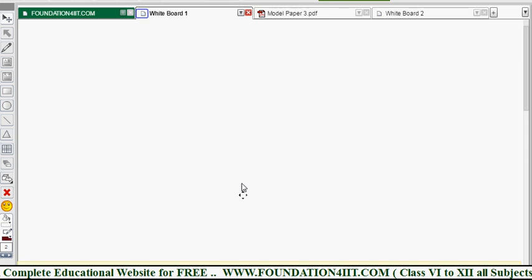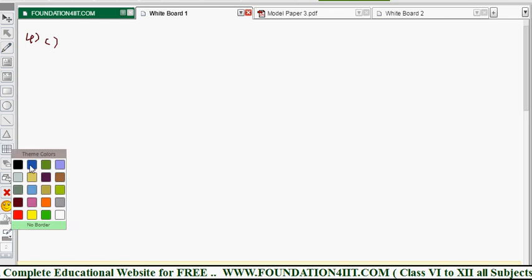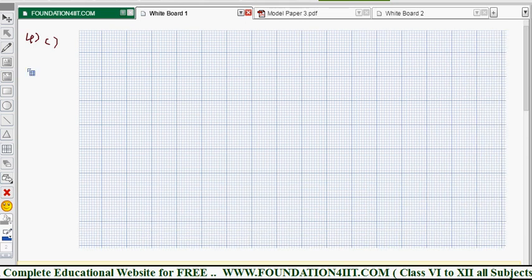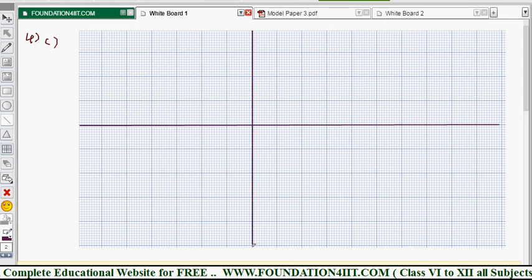Let me take the graph paper and solve. In the graph paper, we should take the x-axis and y-axis. Okay, this is the x-axis, and this is the y-axis.